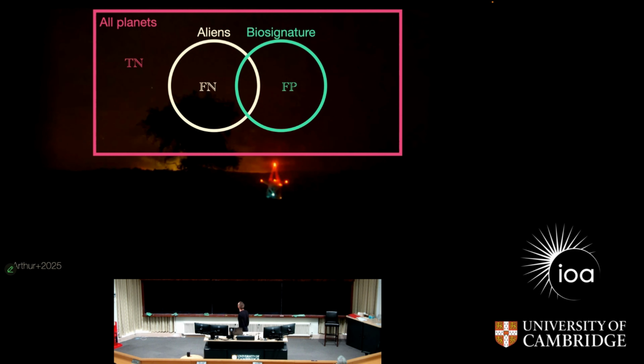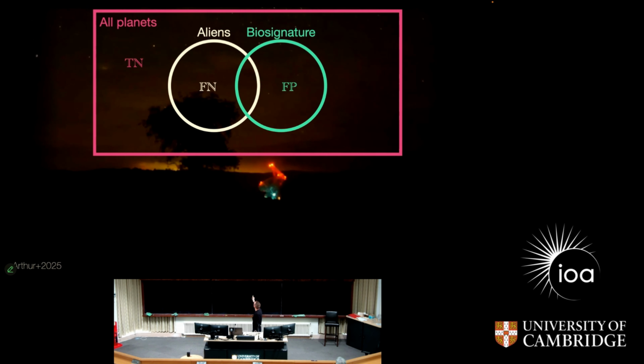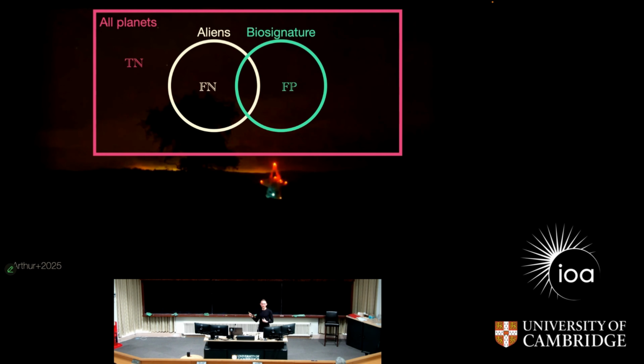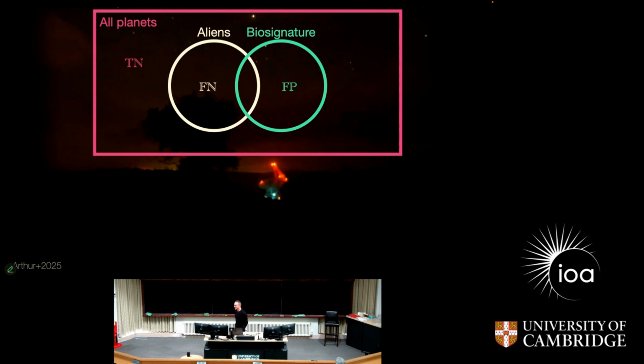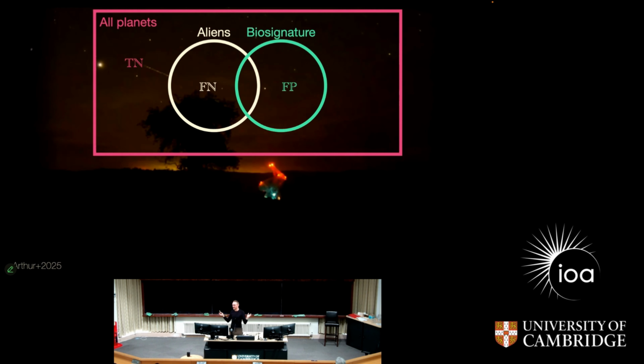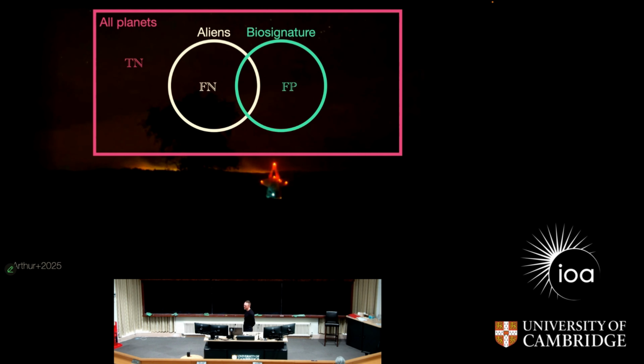And we can think of this in a statistical sense as we've got true negatives. This is the set of planets which neither have life and also are not producing any fingerprints in their atmospheres or otherwise of hosting life. So we're not going to be misled by looking at these planets. The false positives are over here. This is a set of planets that are producing some fingerprint of hosting life, but in fact don't have life, don't have aliens on them.